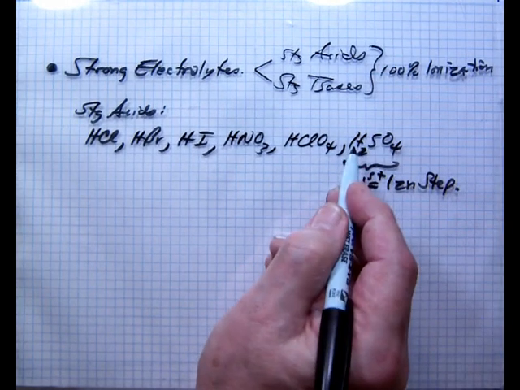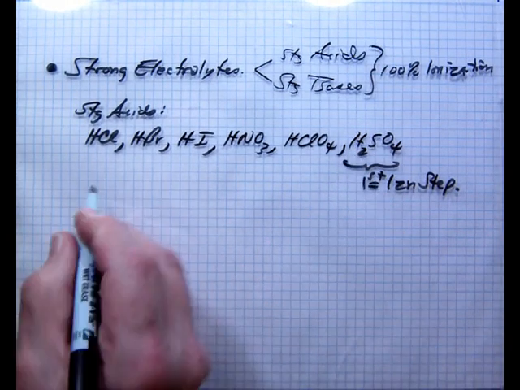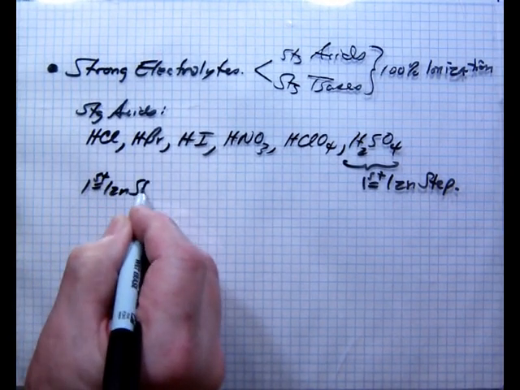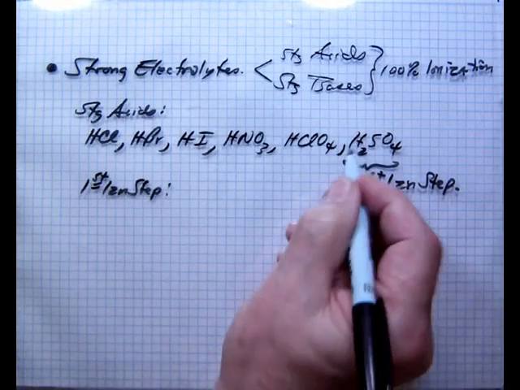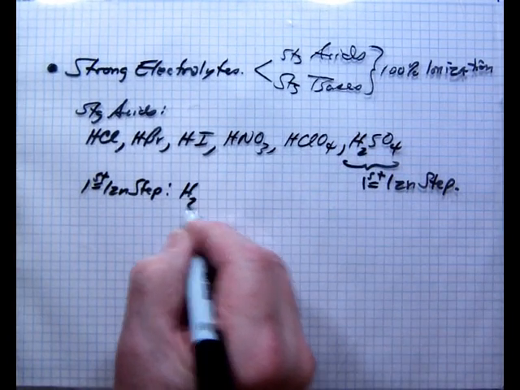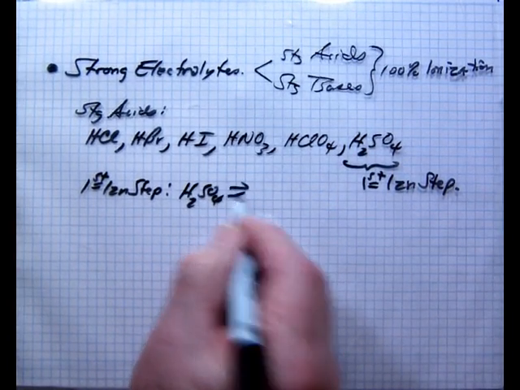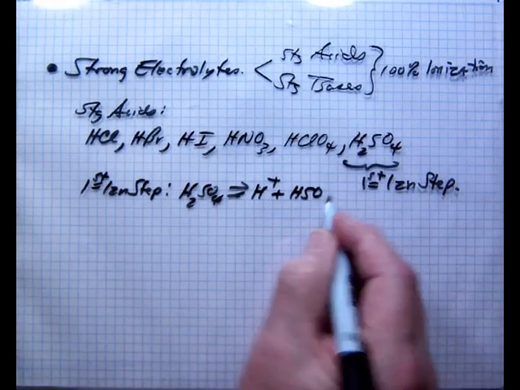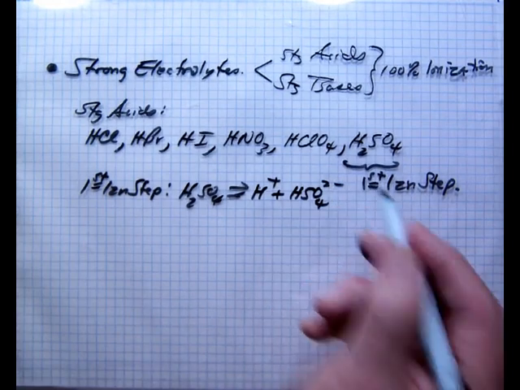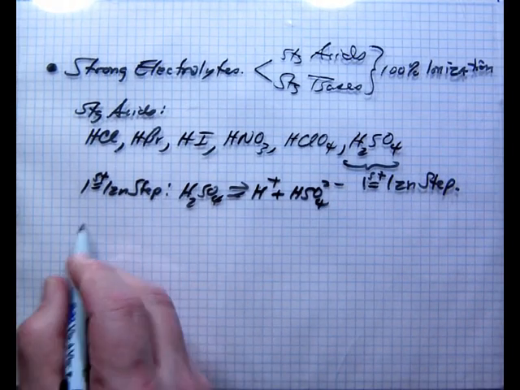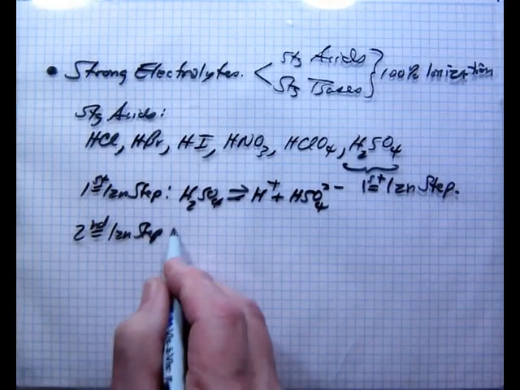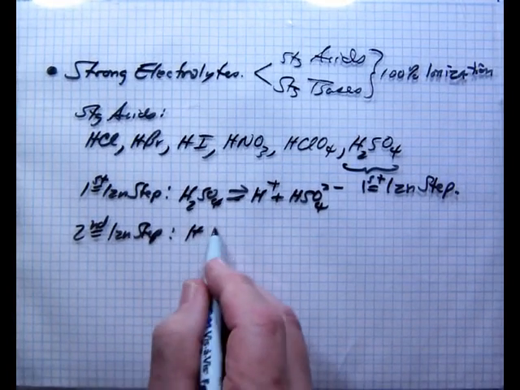Now, this is a diprotic acid. So when we talk about the first ionization step, we're talking about the ionization of the first hydrogen. And one of the hydrogens remains behind, like that. And then the second ionization step is the bisulfate.